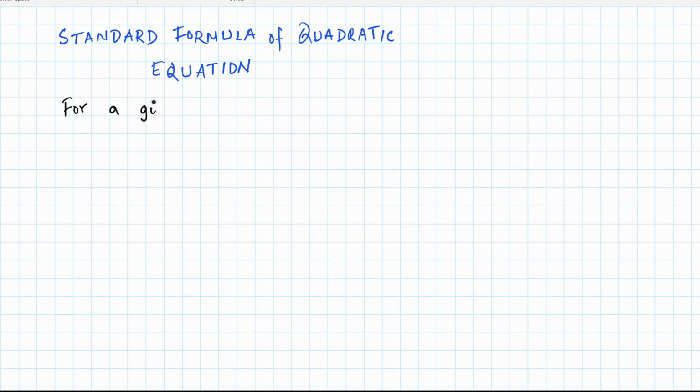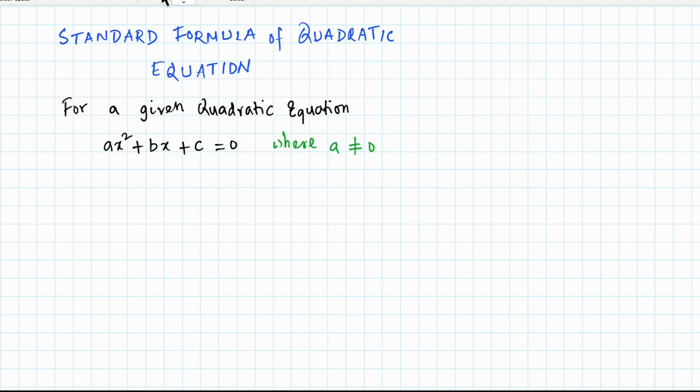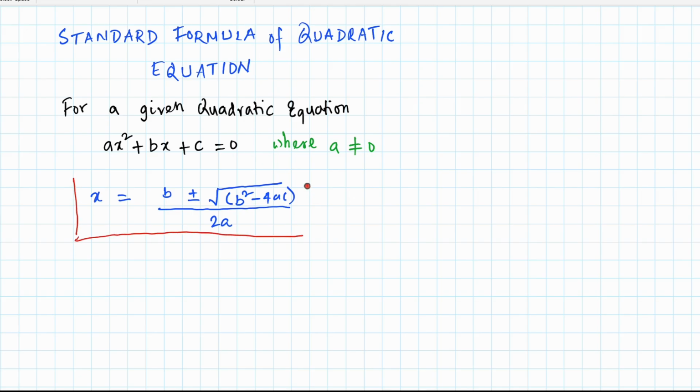For the given quadratic equation ax square plus bx plus c equal to 0, this is the standard equation, and here a should not be equal to 0, so that we have a quadratic equation in place. The formula is given by x equal to b plus minus root over of b square minus 4ac by 2a. This is a very important formula.